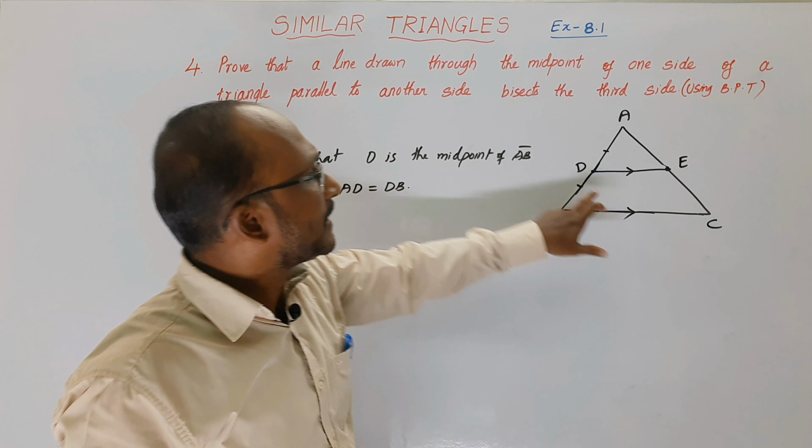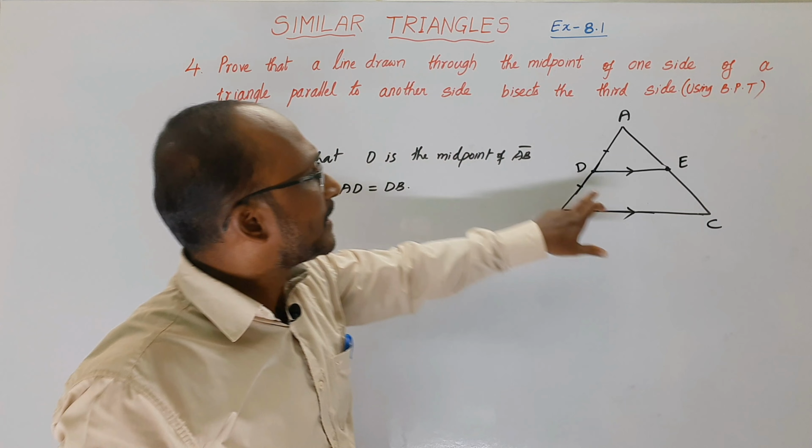But there is another condition given. What is that? Angle PST is equal to angle PRQ. Now, from these two conditions, what can we tell? As these two angles are equal to angle PST, which is the same, we can say that these two angles are equal. That is, angle PQR is equal to angle PRQ.